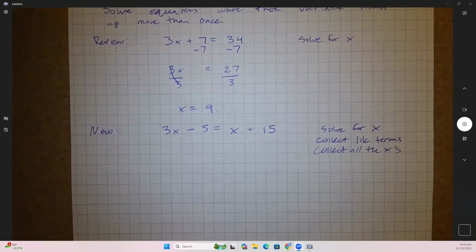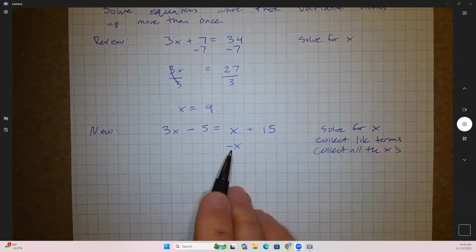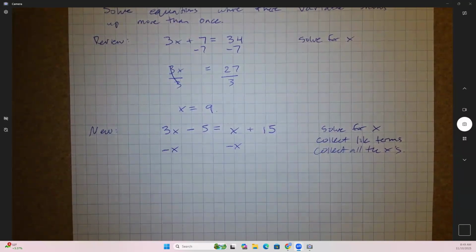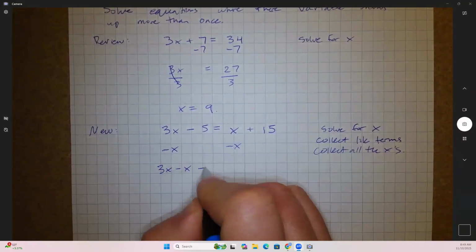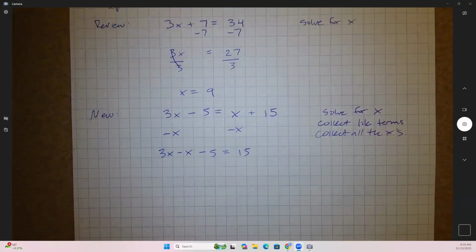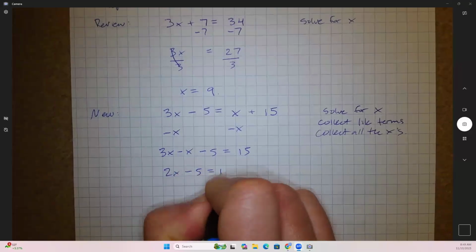They're on both sides of the equation right now. So what I'm going to do is I'm going to subtract x from the right side, which means I also subtract it from the left side. And I have 3x minus 5 equals 15. And I collect the like terms. I get 2x minus 5 equals 15.